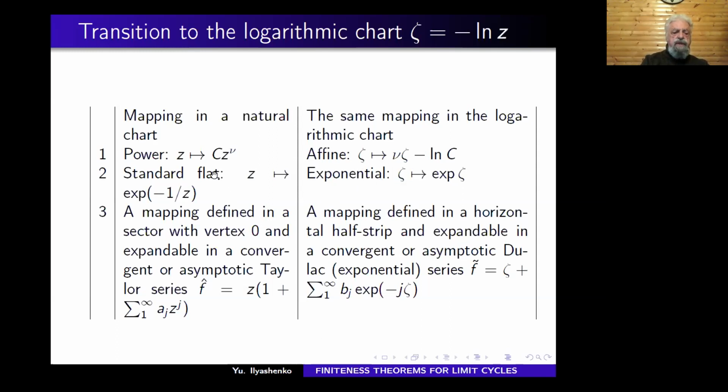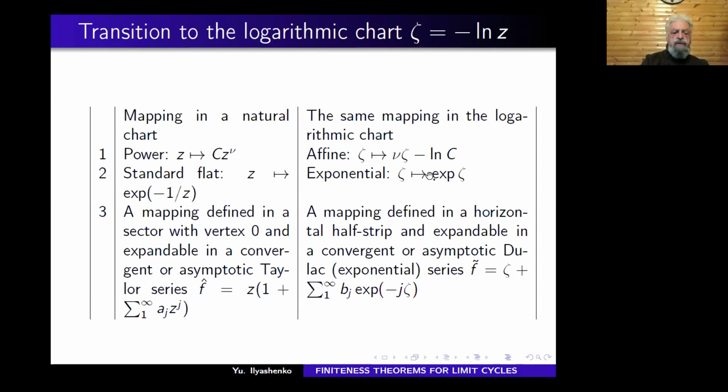Consider a standard flat map, exponential of -1/z. I confess that I was a little bit surprised when I calculated it for the first time. It is simply an exponential map. Indeed, when we pass to the logarithmic chart, the singular point 0 passes to infinity.